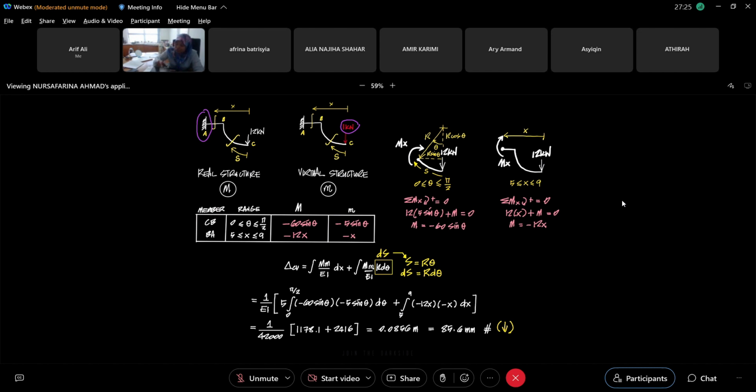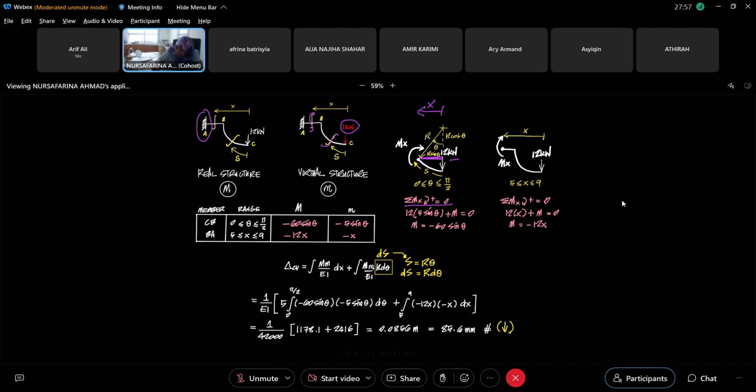Now, cut the section, so you have 2 sections: first section and second section. First, 12. Remember, taking moment at X. How do you find the X?